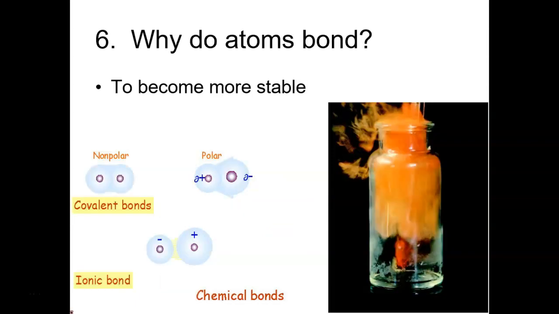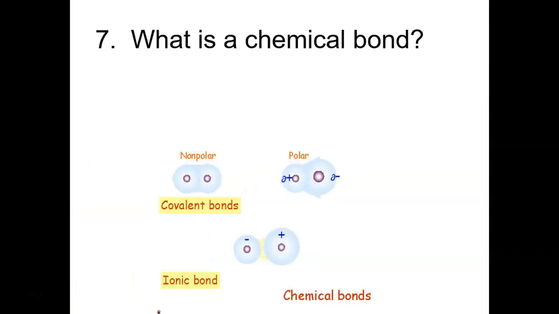So this is what causes atoms to bond: their desire, keeping in mind they don't have desires the same way we as humans have desires, but their need to be stable and to have that full valence electron shell. That is what causes atoms to bond.